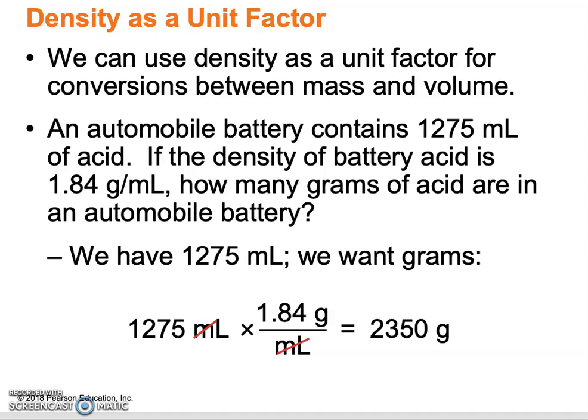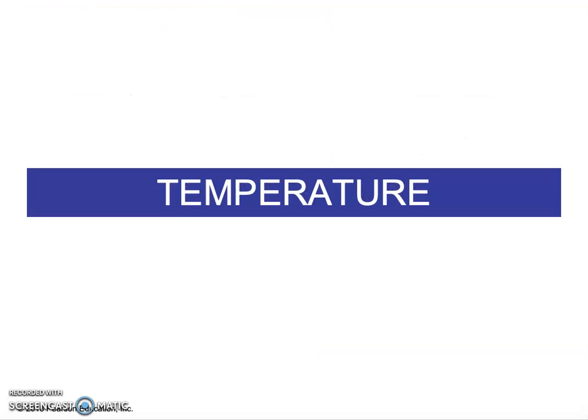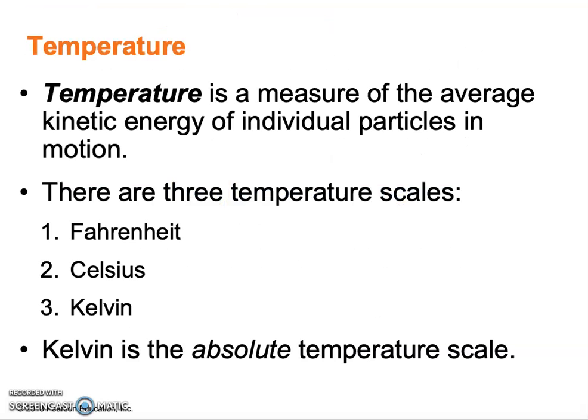Next, we will learn about temperature measurement. Temperature is a measure of the average kinetic energy of individual particles in motion. There are three temperature scales: Fahrenheit, Celsius, and Kelvin. Kelvin is the absolute temperature scale.